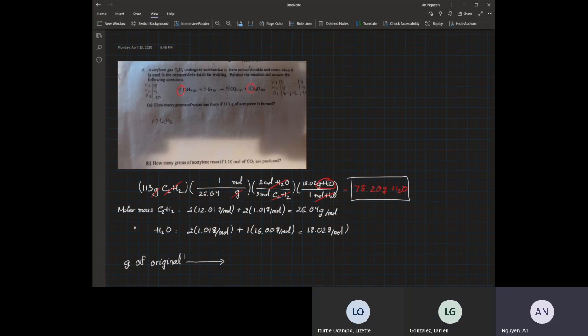We convert that to moles of original using molar mass. Then from moles of original, we convert to moles of the to-be-determined compound, in this case H2O, water, by the balanced equation. Then from moles of the to-be-determined compound, we find the grams by using another molar mass.